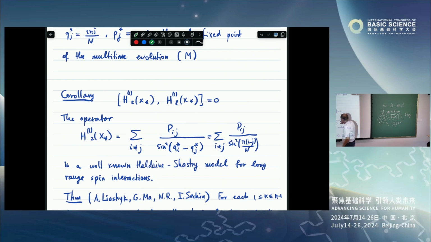And the second operator is given by this formula. Sum over all permutations, but then you have divided by sine squared of (i minus j) divided by n. This is the famous Haldane-Shastry Hamiltonian for long-range spin interactions.